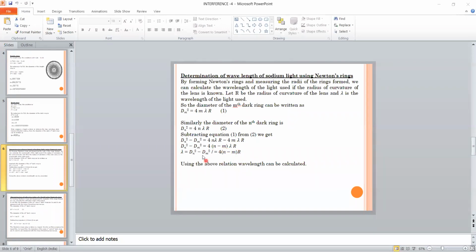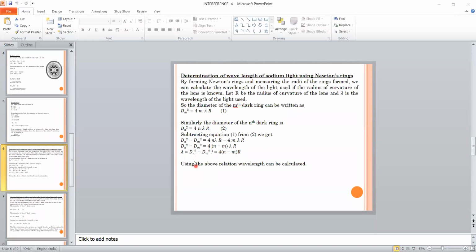From this formula, cross multiply 4 into n minus m into r. Finally, we get the expression for lambda. What is lambda here? Lambda is the wavelength of the light used.